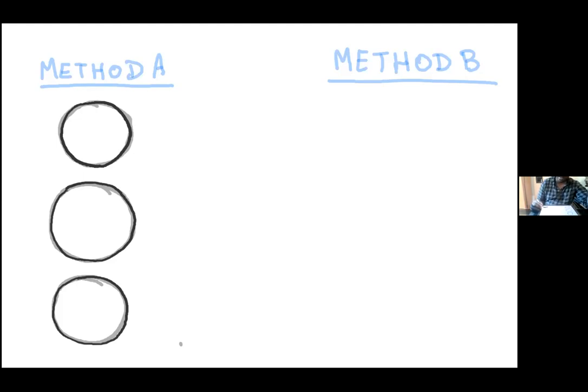Now for method B, some of you might not like this method, but some of you might like it. And me personally, it helps me sometimes. So the idea is to draw a square, and then you draw the circle within the square.